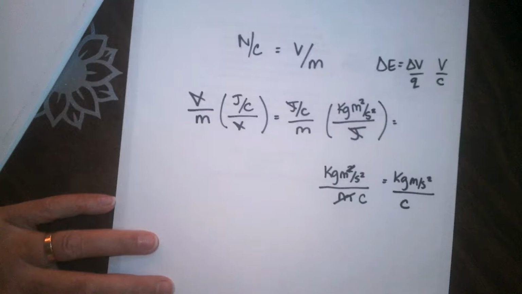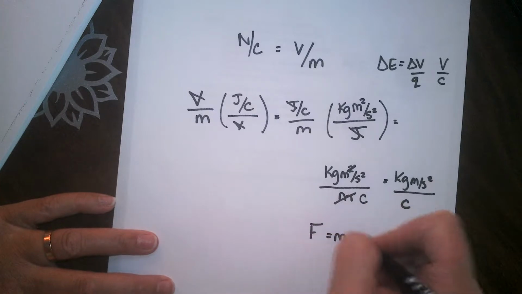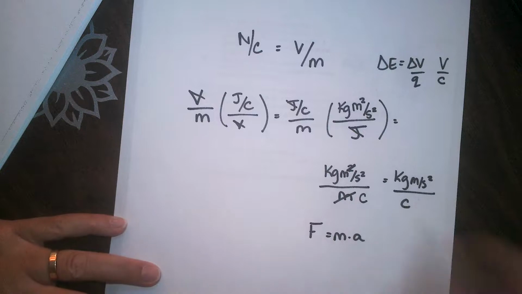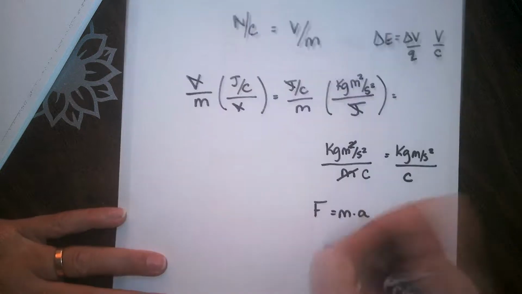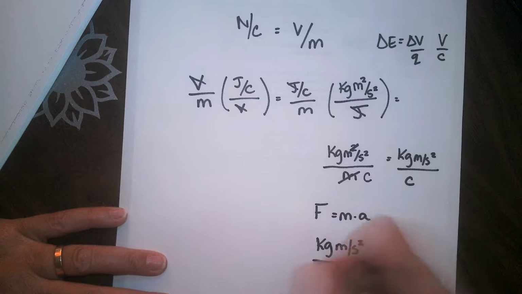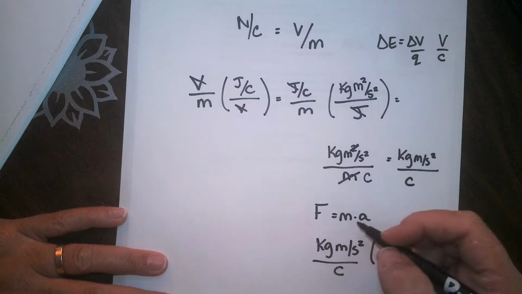But we know that force is equal to mass times acceleration. So if I did kilograms meters per second squared over a coulomb, and I multiplied it by, what's the unit for force?